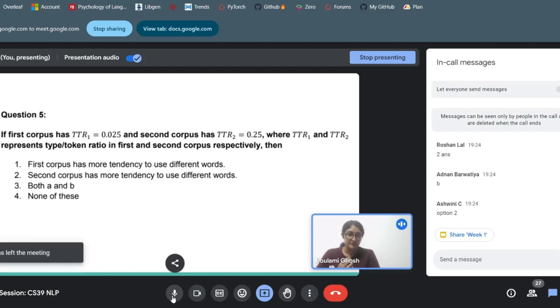Ashwini is also saying option 2. That's just 4 out of 27 people. How about others?